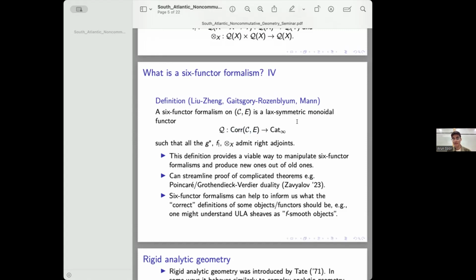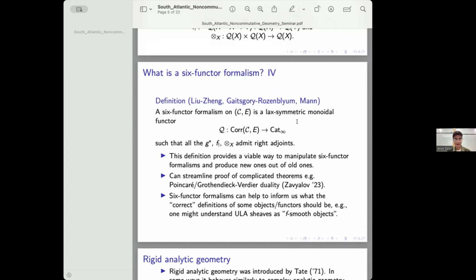For instance, Bogdan Zavyalov showed how to simplify the proof of Poincaré duality in the setting of a six-functor formalism in his recent paper. And sometimes six-functor formalisms are an organizing principle. A six-functor formalism can sometimes guide us to what the correct definitions of some objects or functors should be.